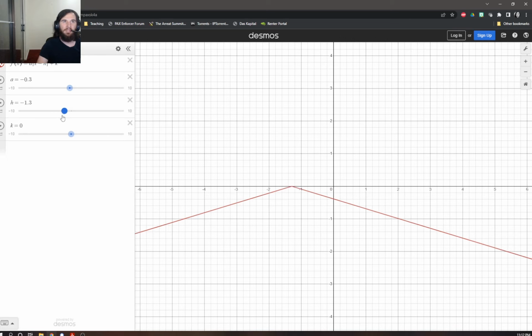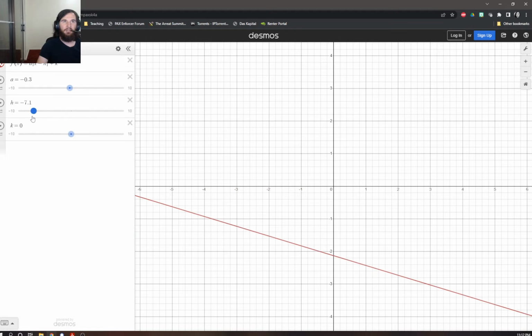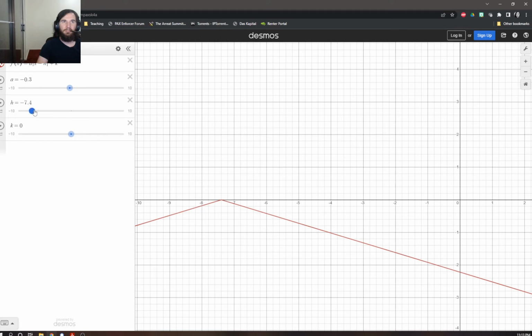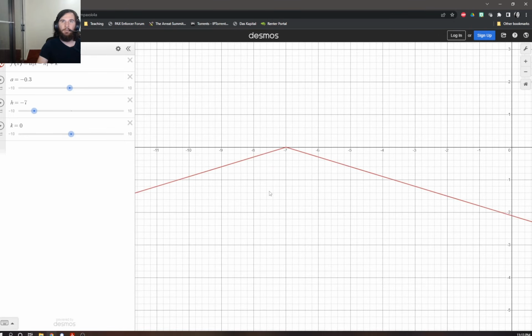So remember, that has to be a negative value. So that's sliding all the way to the left. And then there was no k value in that, so k is just 0. So that's where that new graph would be, flipped upside down, smushed, and slid to the left.